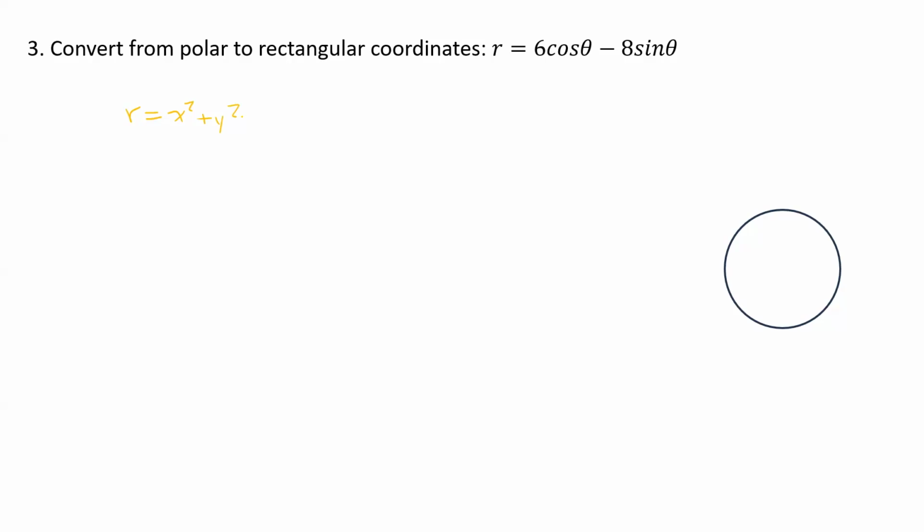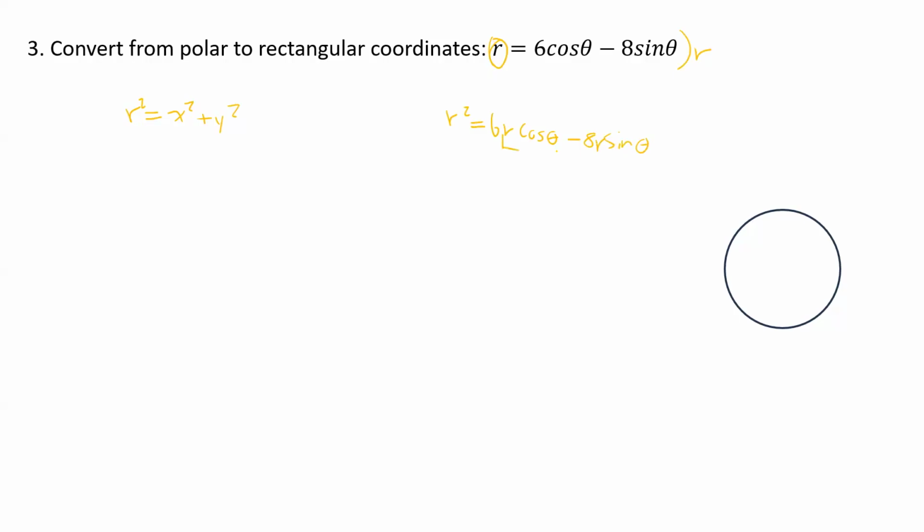So you do have the right thought. However, it's r squared that is equal to those things, right? So we would need to have r squared on this left-hand side. To do this, we'd need to multiply by r through the whole thing. So then we'd have r squared equals 6r cosine theta minus 8r sine theta.